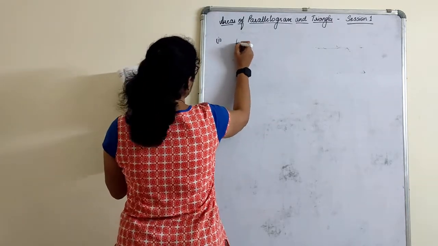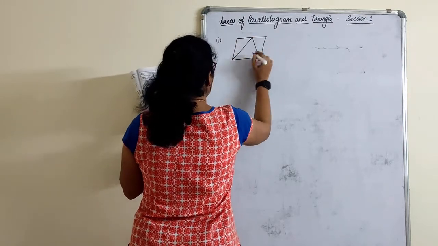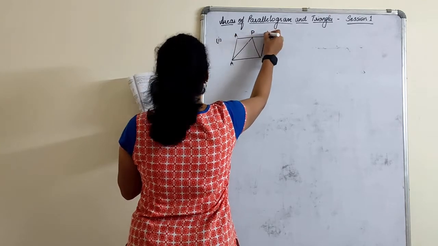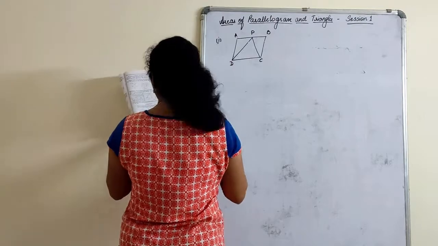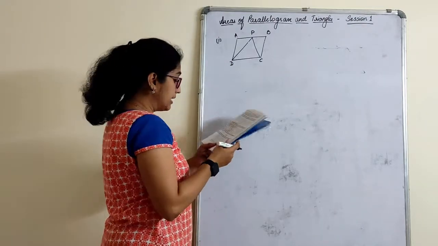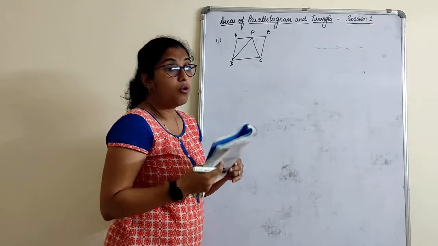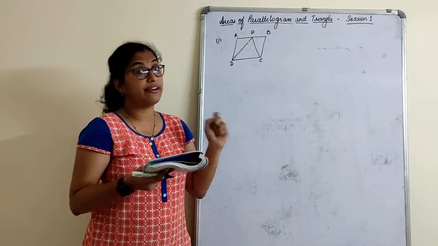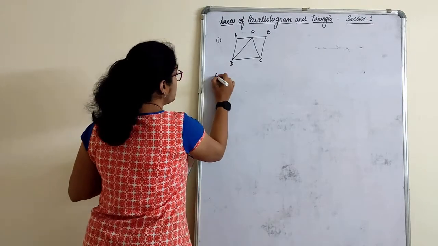So if I draw the first one, it's given like this. This is A, B, C, D. I use the word quadrilateral here, children. I will not use parallelogram because we usually don't go by how it looks. We only go by what they have given. So if nothing is given, it is a quadrilateral.